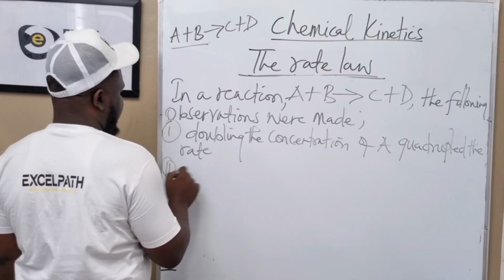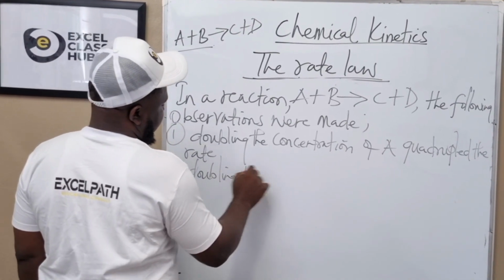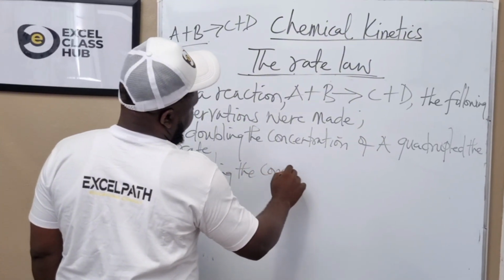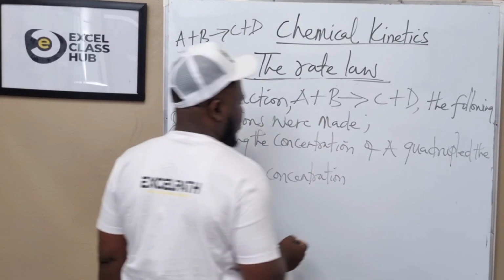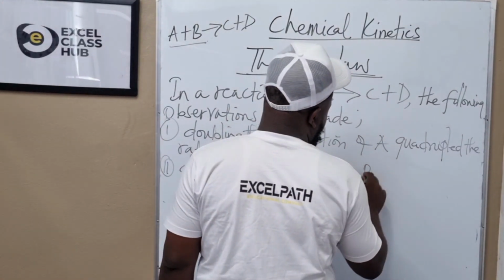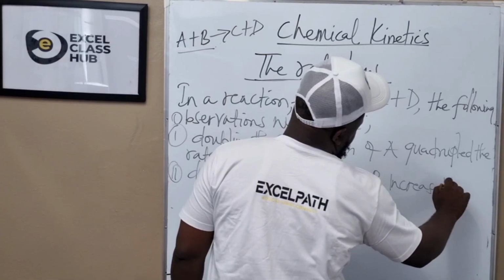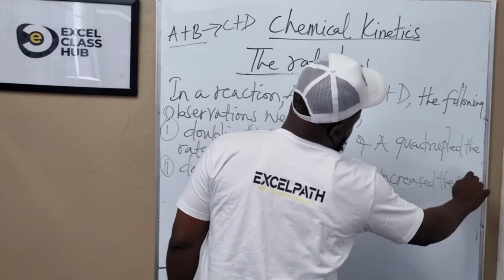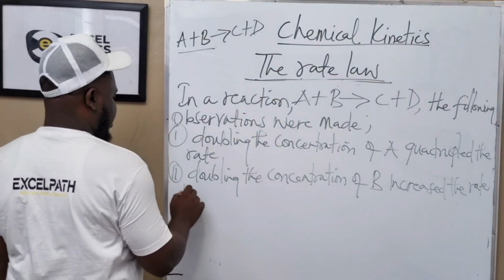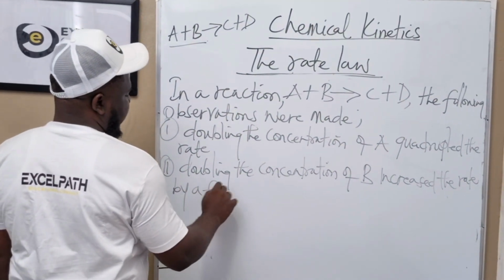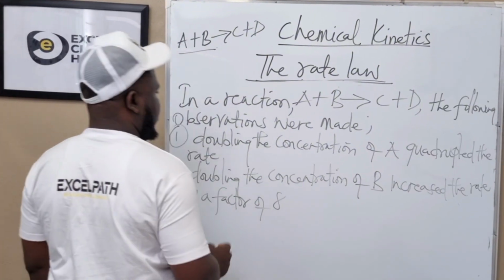From figure 2, doubling the concentration of B increased the rate by a factor of 8.